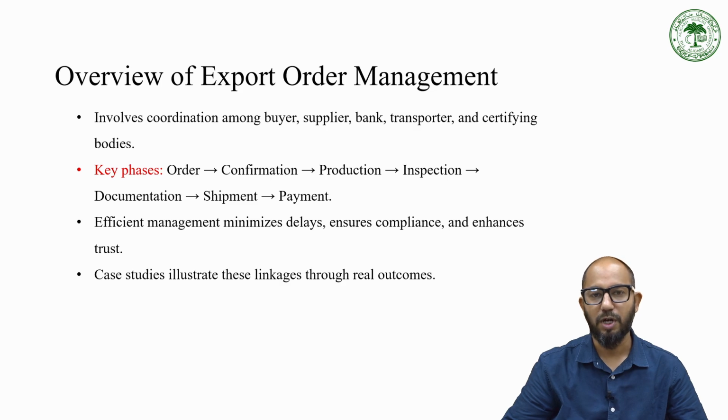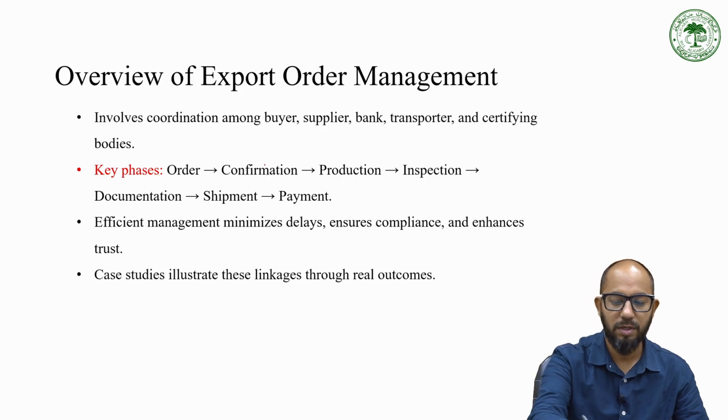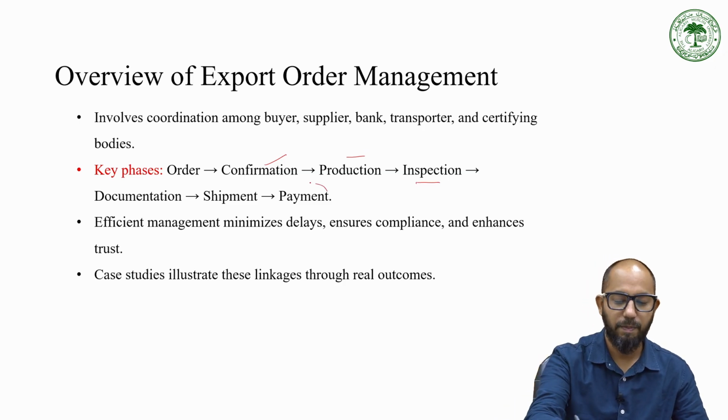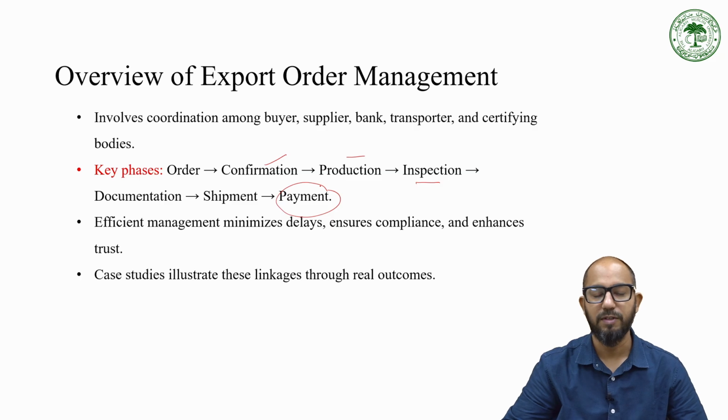Just before starting the case studies, a brief overview and recapitulation is important. Export order management involves coordination among buyer, supplier, bank, transporter, and certifying bodies. Not only this, the key phases of an order include the order itself, confirmation of the order, followed by production, then inspection of the finished goods, documentation, shipment, and finally the payment realization.